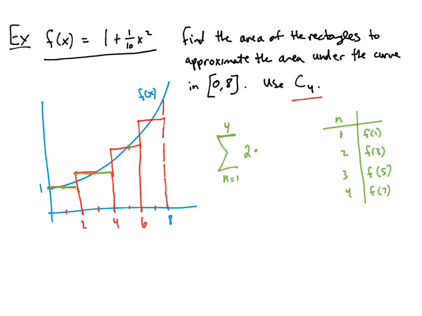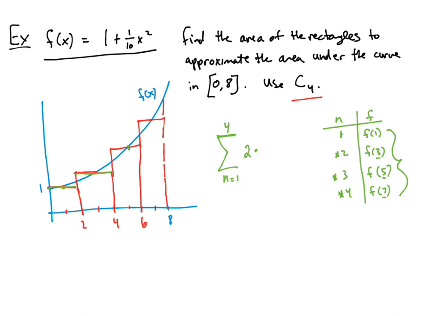So is there a general way that we can write out what's happening in this right-hand column in terms of n? And what we see is that this 7 is 1 less than twice whatever the n value is. So 4 times 2 minus 1 gives us 7. 3 times 2 minus 1 gives us 5. 2 times 2 minus 1 gives us 3, and so on.